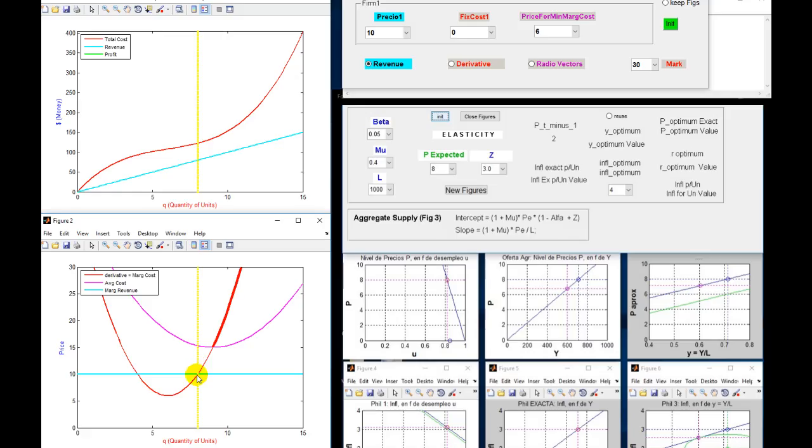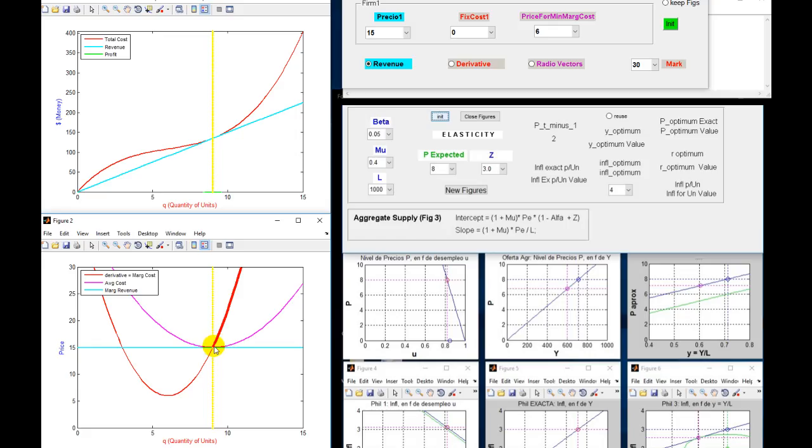Therefore this firm quits the market, so it doesn't supply any unit. Now if the price in the market is 15, well, this is the minimum price in the market for this firm to be in business.